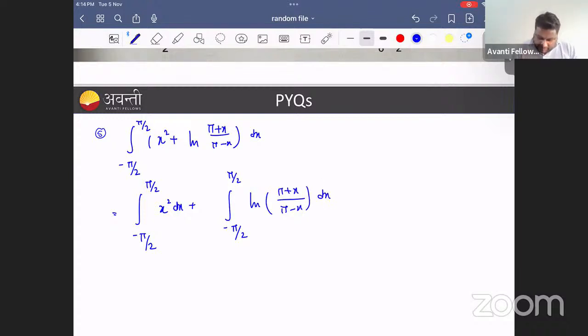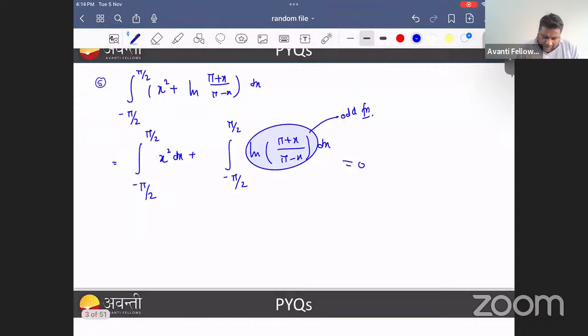Now, if you realize, this is an odd function. Am I correct? So being an odd function, integration minus pi by 2 to pi by 2 is going to be 0. Now you are left with this one.